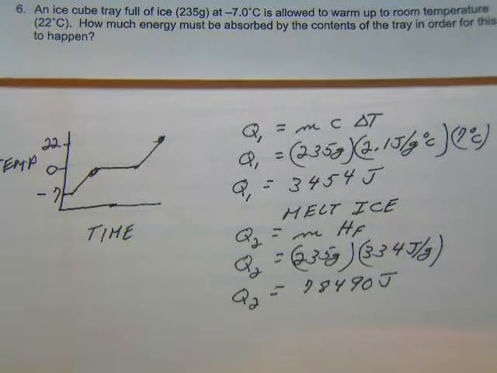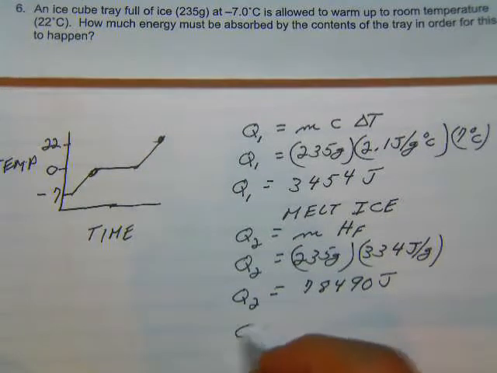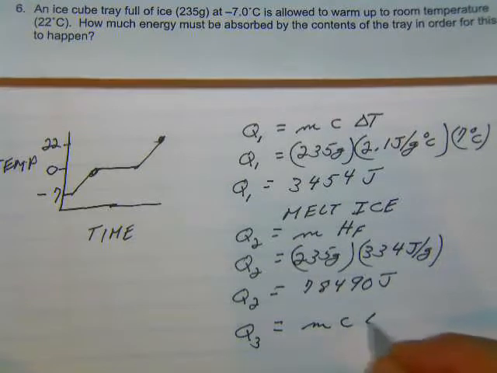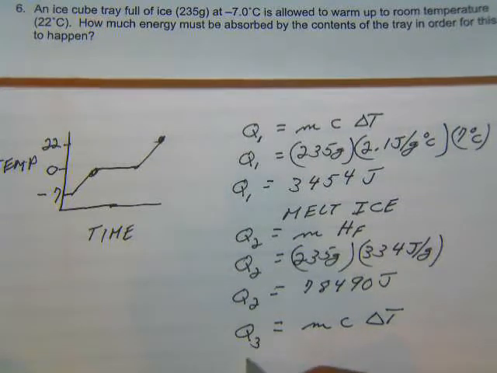Now we got to take that melted ice and take it up to 22 degrees. So let's call that Q3. And so we got MC delta T. So Q3 equals, mass does not change.